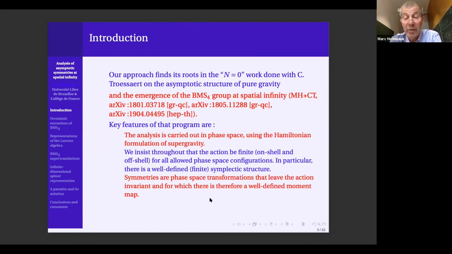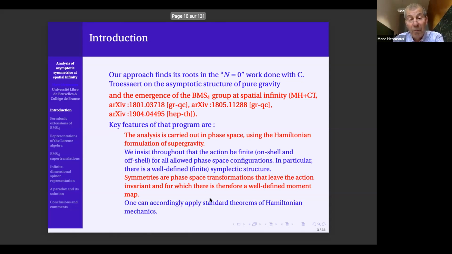So gauge transformations in our case that preserve the asymptotic fall-off. So they move a point of phase space into a point of phase space, and phase space is defined by the fall-off conditions. And it leaves the action invariant also, and then you have a well-defined moment map, that is, you have a well-defined canonical generator. And then you can apply to these canonical generators standard theorems of Hamiltonian mechanics and use a Jacobi identity for the Poisson bracket, etc.